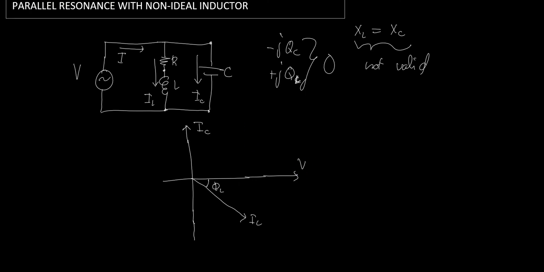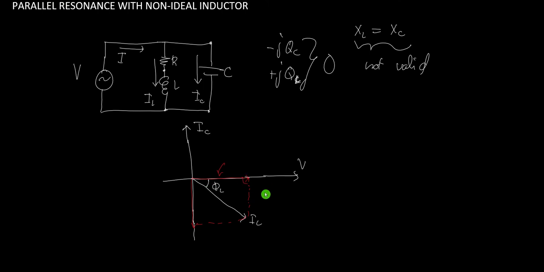But before we do that, IC is just this component here, while IL has two components. We have the X component here and another component here, the Y component. For the X component, you can use SOH CAH TOA here.